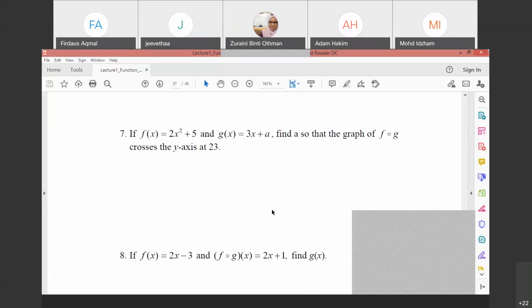So that graph F composite G cross at y axis at 23. Cross dekat x-axis sebab dekat 23, find E dia tu.